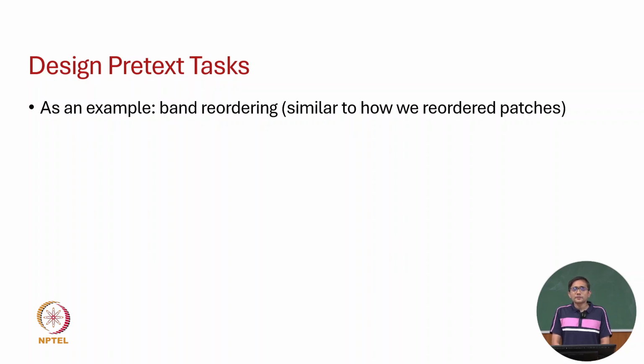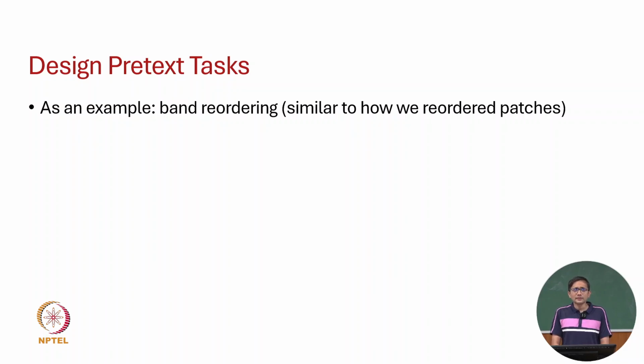So instead of reordering the patches, what one can do here is simply band reordering. We take a reordering of the bands, we shuffle the bands, and then based on this, several prediction tasks can be created.